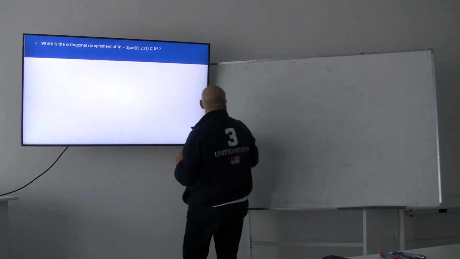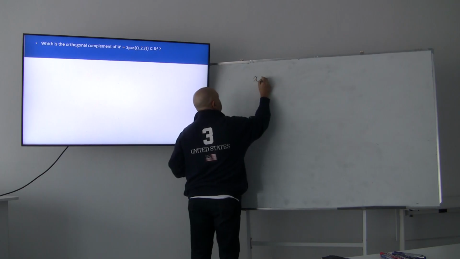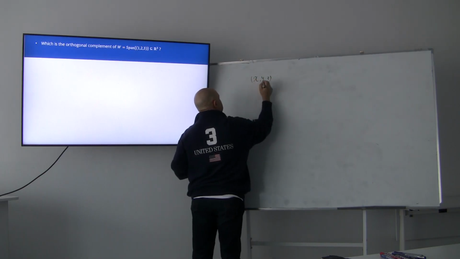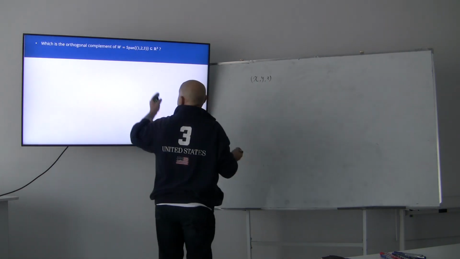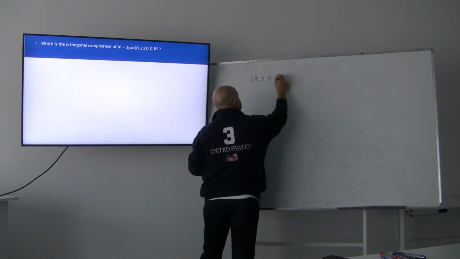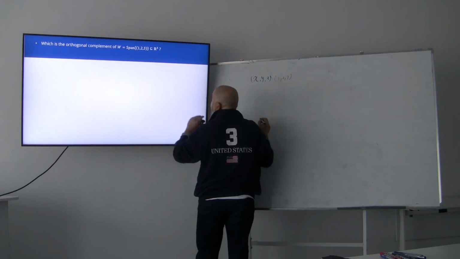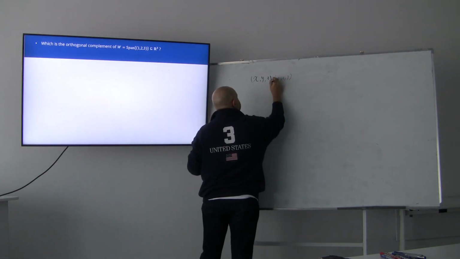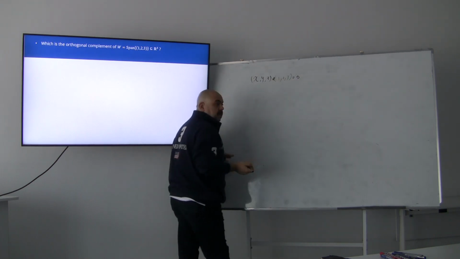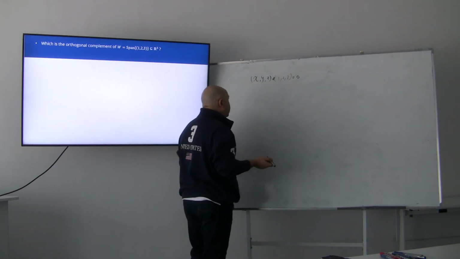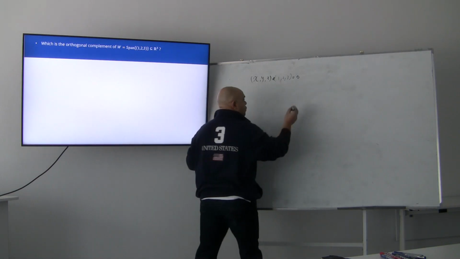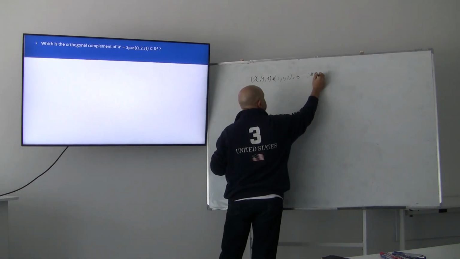So (x, y, z) is orthogonal to k times (1, 2, 3), and the dot product equals 0. I can divide this equation by k, which is a scalar such that k belongs to R.